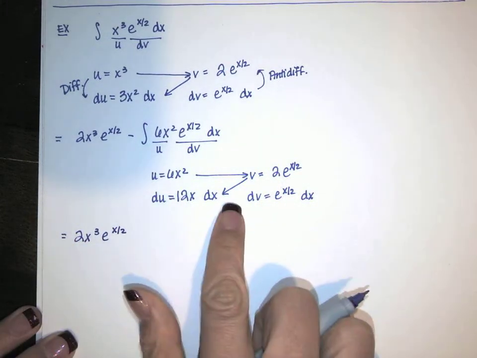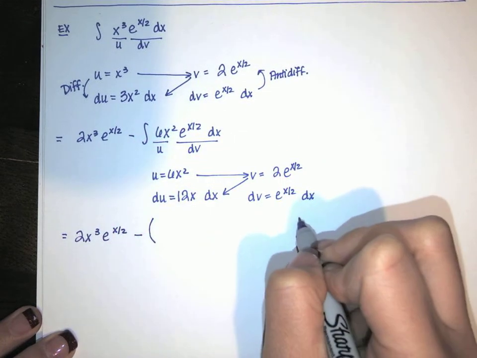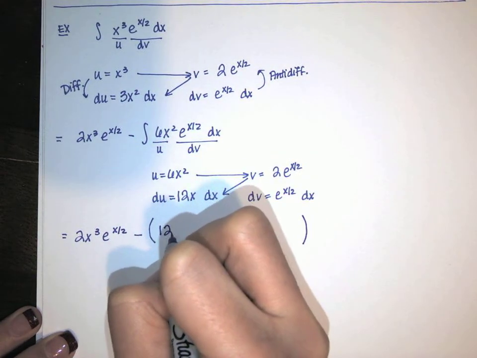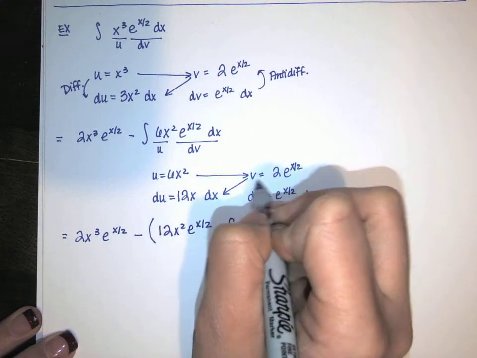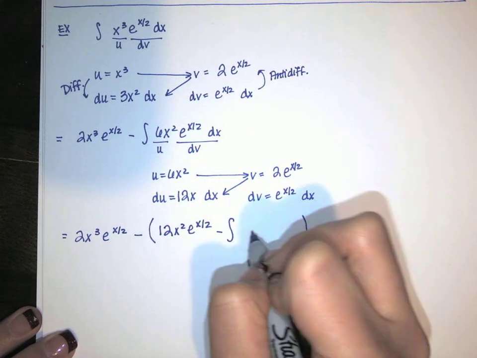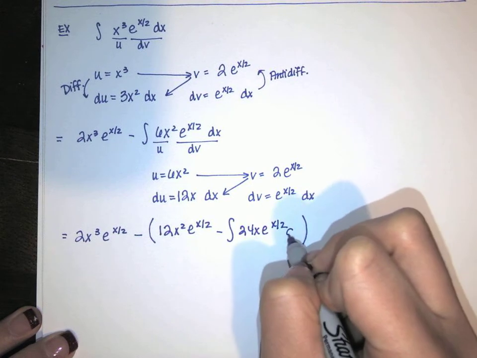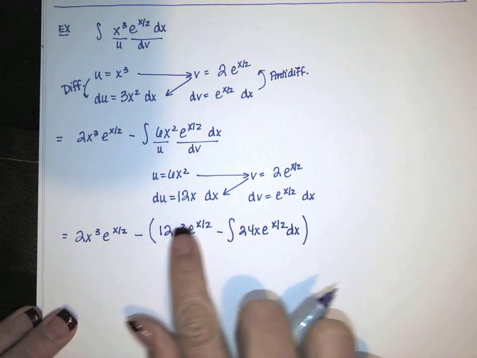Now that is the value of the whole integral, so that negative here has to distribute to everything that we just came up with. That's u times v minus the integral of v times du. 2 times the 12 gives us a 24. And don't forget your dx. Distribute the negative to that term and that term.